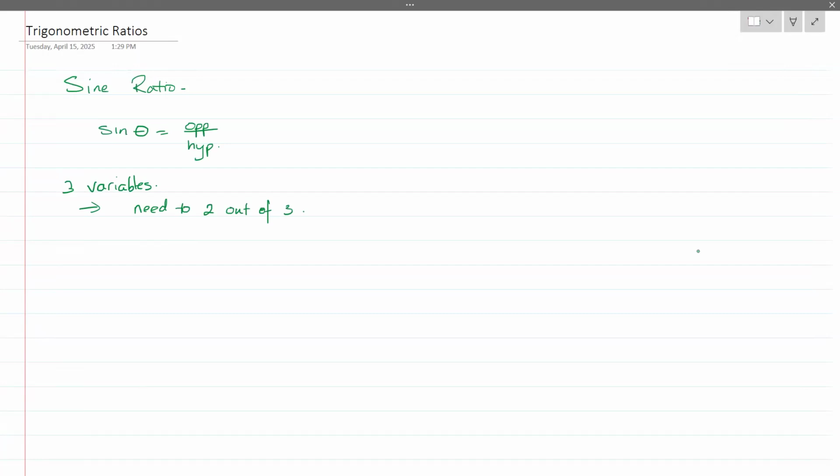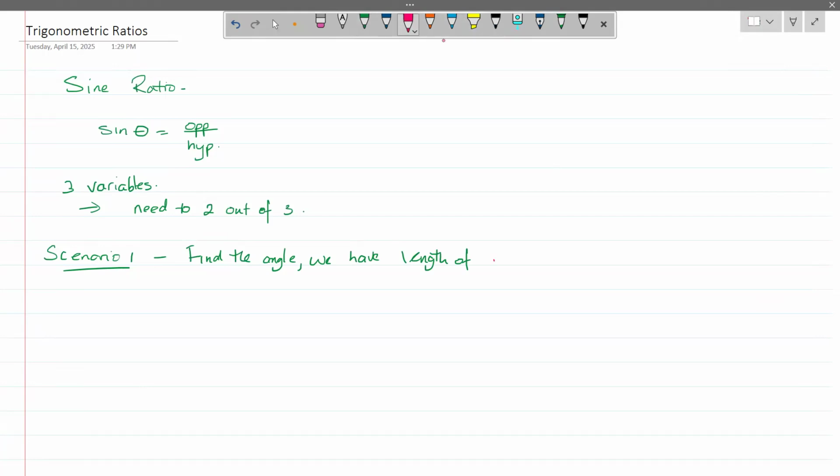So we could have a scenario where we want to find the angle, and we have the length of opposite and hypotenuse.